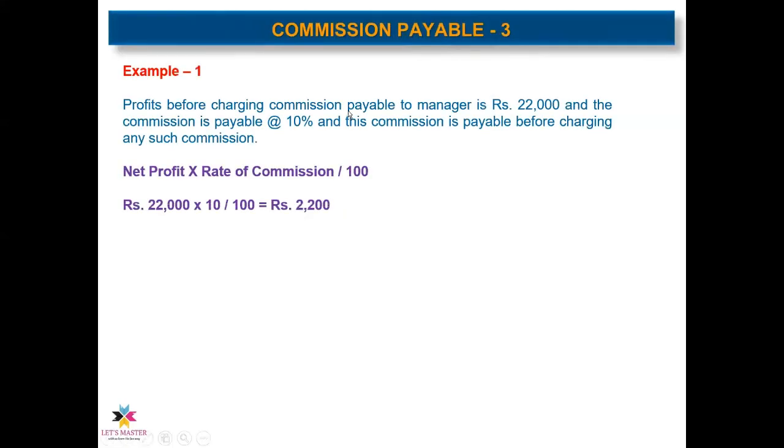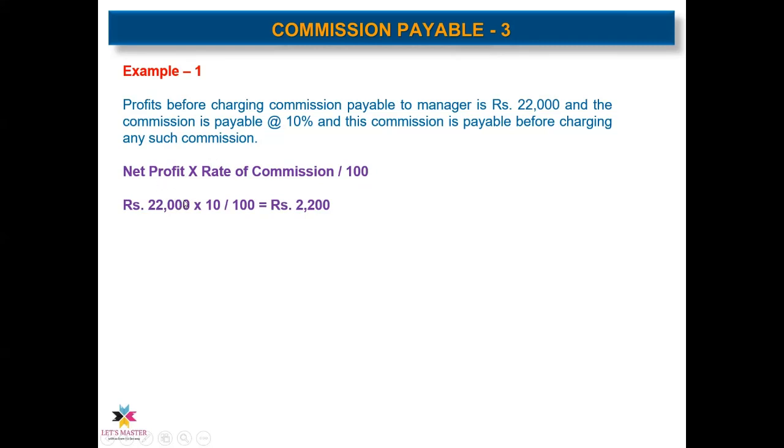Profits before charging commission payable to the manager is rupees 22,000. So this is the net profit. And commission payable is at the rate of 10%. And this commission is payable before charging any such commission. So in this case, the formula that we would use is net profit multiplied by rate of commission divided by 100.